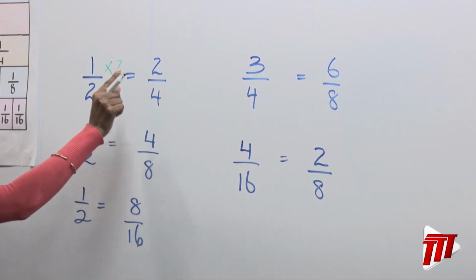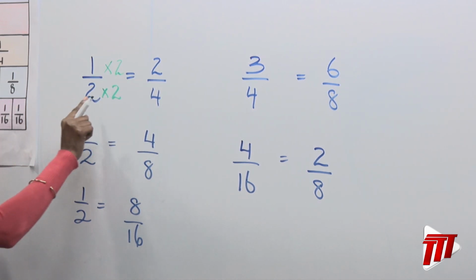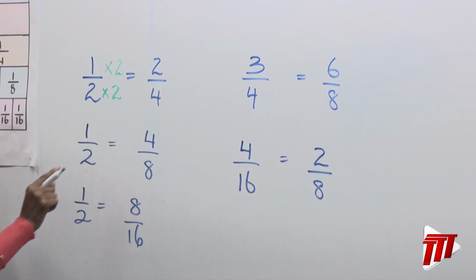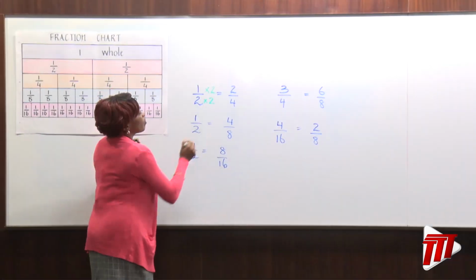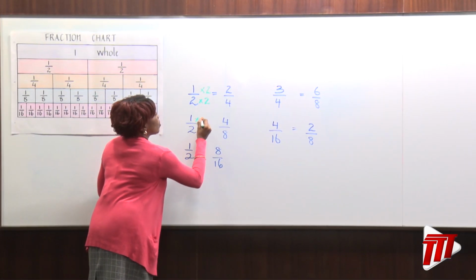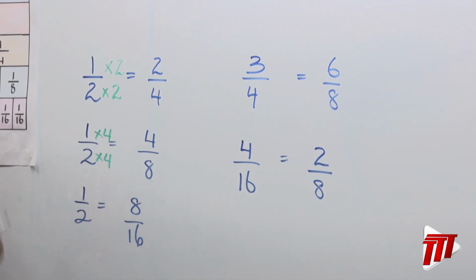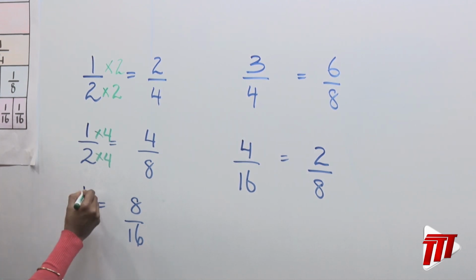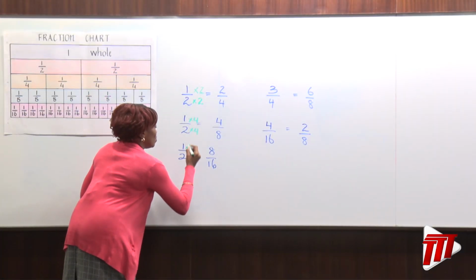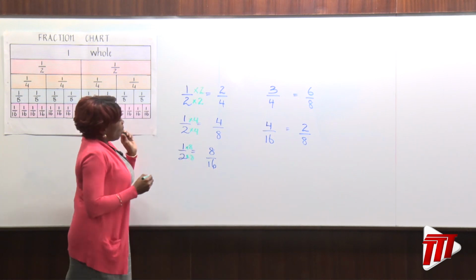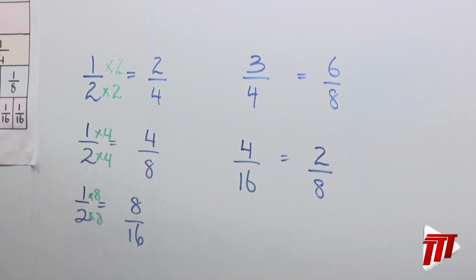1 times 2 is equal to 2. 2 times 2 is equal to 4. Let's verify. Let's try another. 1 times 4 is equal to 4. 2 times 4 is equal to 8. Let's keep going. 1 times 8 is equal to 8.